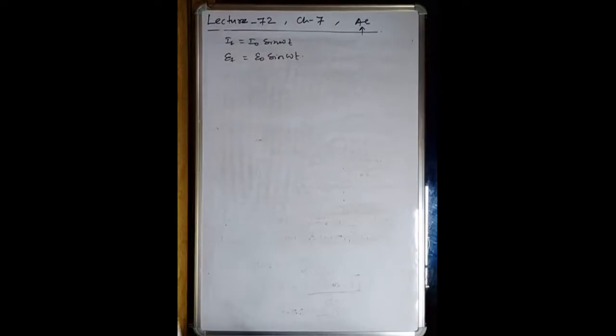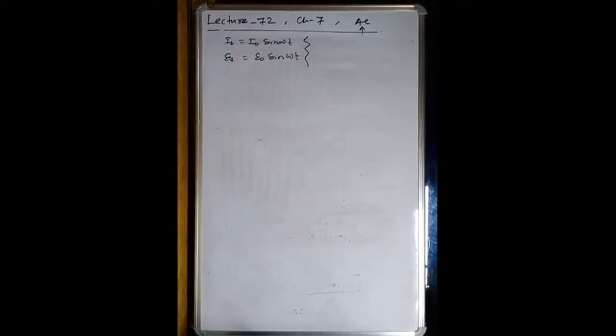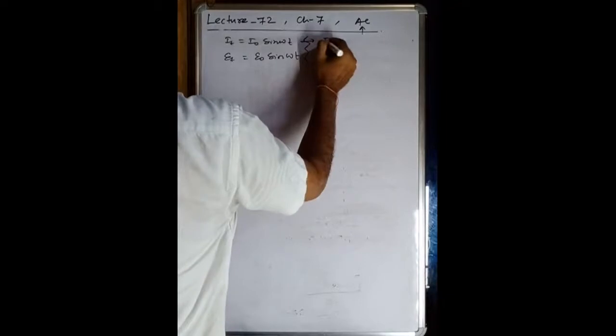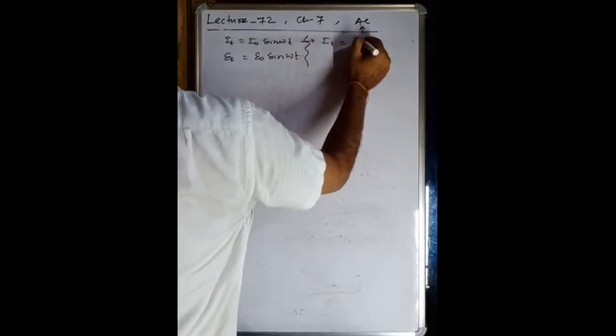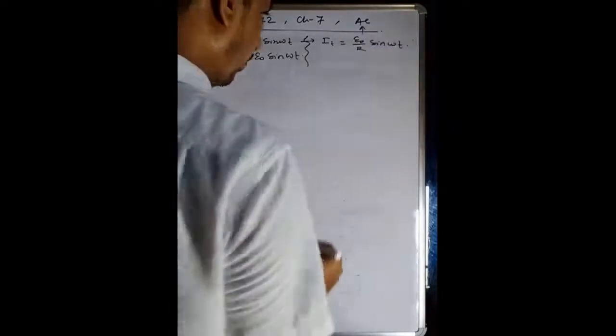One thing, my dear students: for which will the amplitude be maximum, current or voltage? Look carefully. This I(t) is E naught by R sine omega t, I hope you remember.